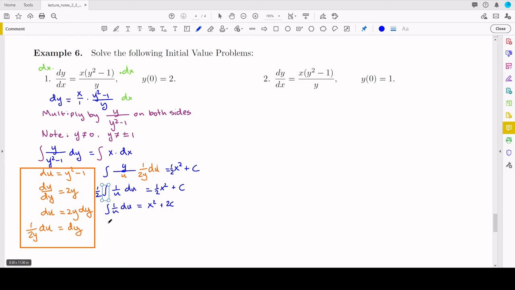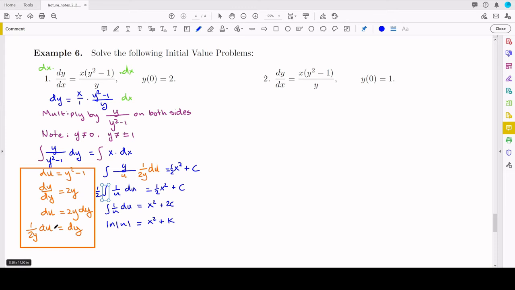The antiderivative of 1 over u is ln of u, and that equals x squared plus k.